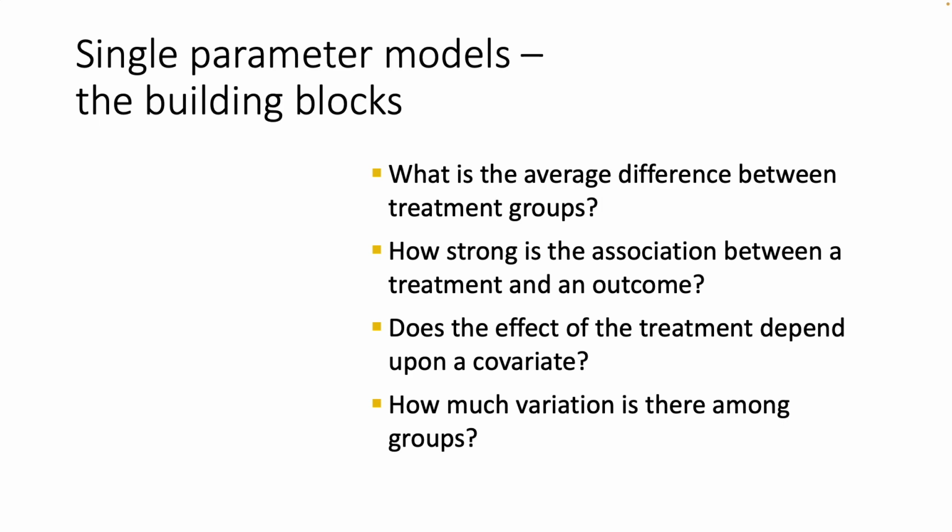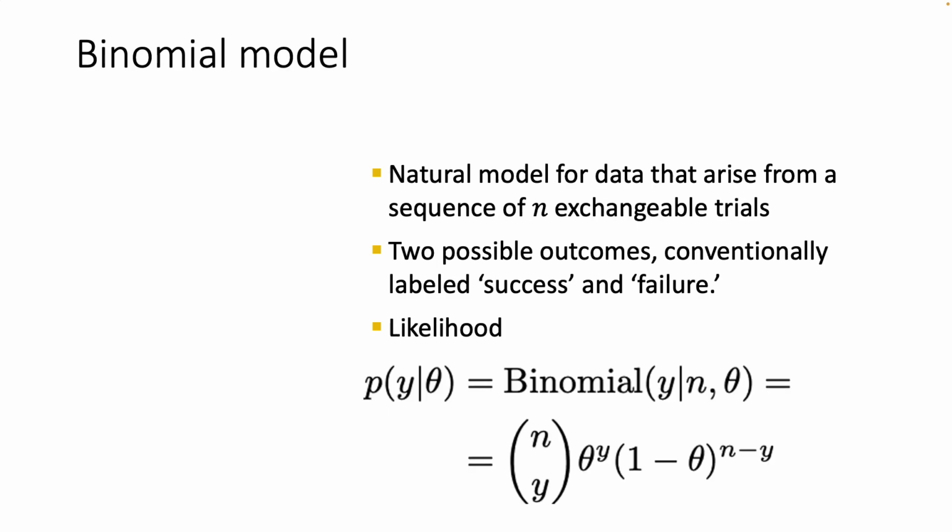And the simplest model that we can think of that will not give us much difficulty is the binomial model. Binomial model is a natural model for data that comes from a sequence of trials, so a sequence of events with some kind of binary outcome.